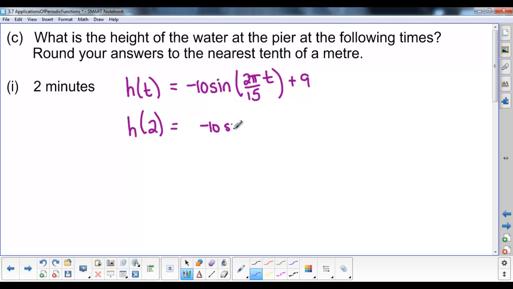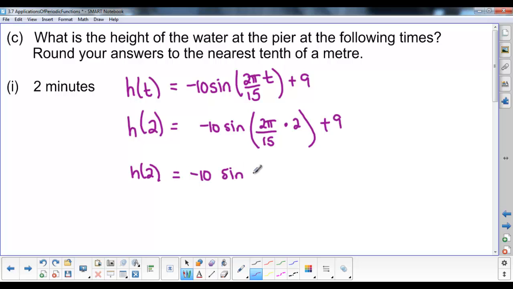Negative 10 sine of 2 pi over 15 times 2, plus 9. So the first thing, again, we're going to simplify inside this bracket. Tops times tops, bottoms times bottoms gives us 4 pi over 15 plus 9.